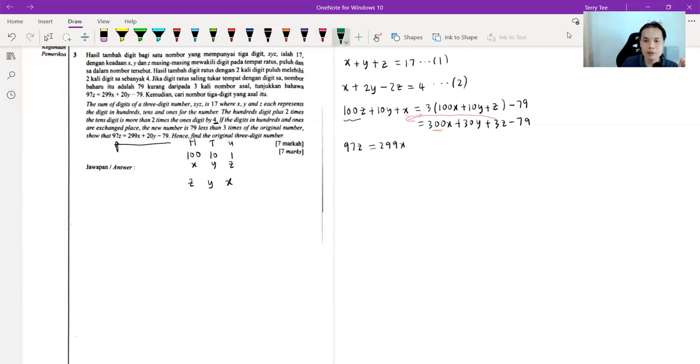I bring this to the right, you have 30 minus 10, you get 20y. And then I still have 79. So that is my equation number 3. I'm supposed to show this? Yes, I've got that. Okay, now find the original 3-digit number.